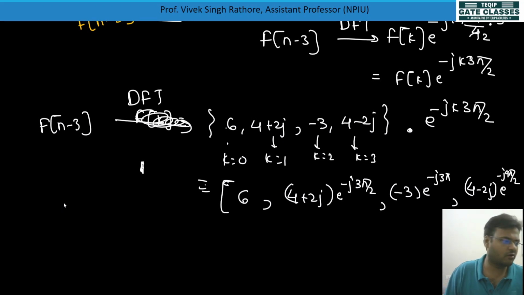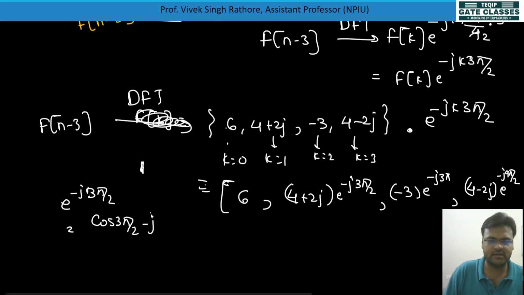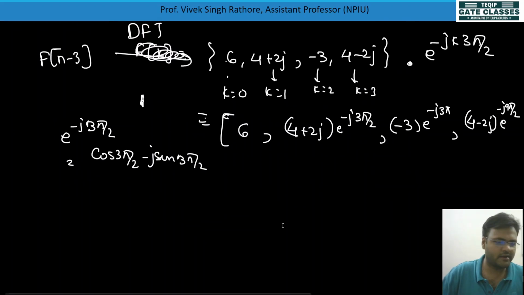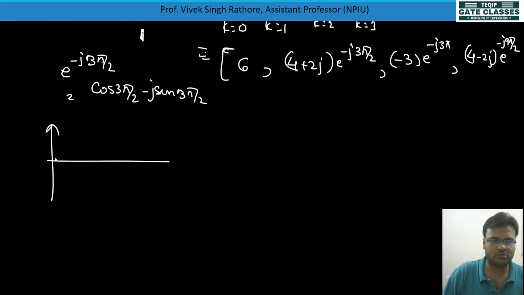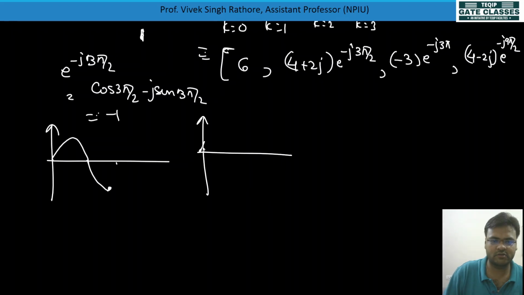e to the power minus j 3 pi by 2 is nothing but cos 3 pi by 2 minus j sin 3 pi by 2. You can check the value.